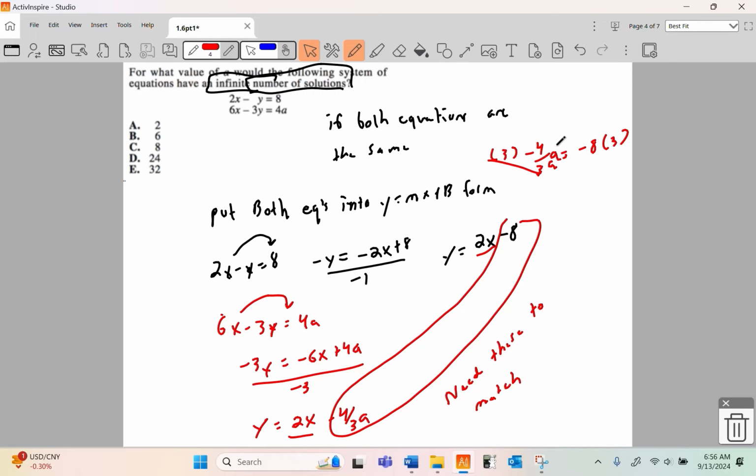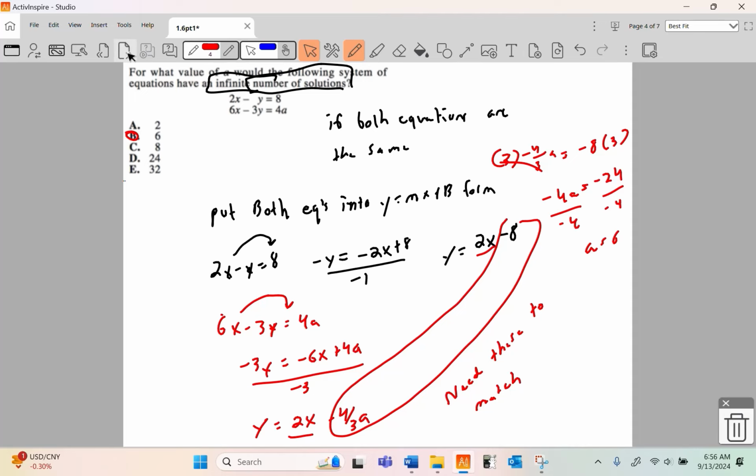Let me rewrite that. I didn't put that a in the right spot. Negative 4/3 a. Multiply 3 both sides, negative 4a is negative 24. Divide out the negative 4, and a is 6. So choice B.